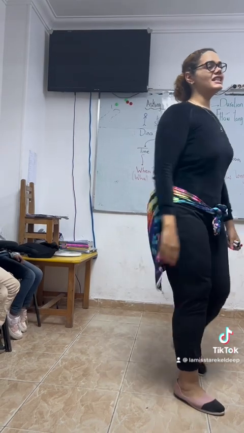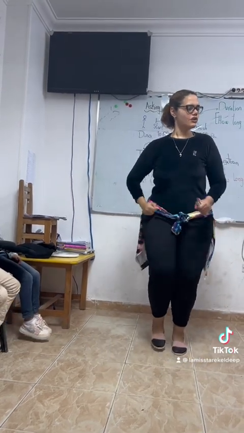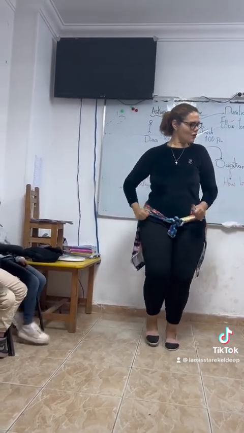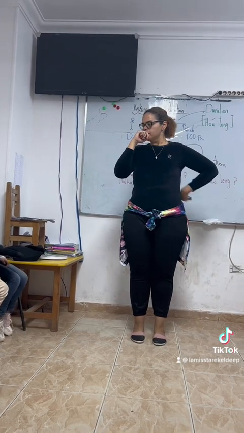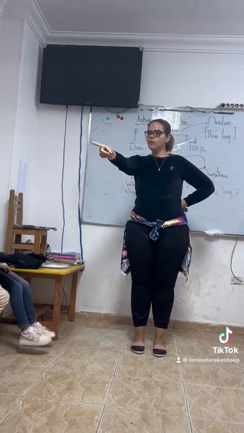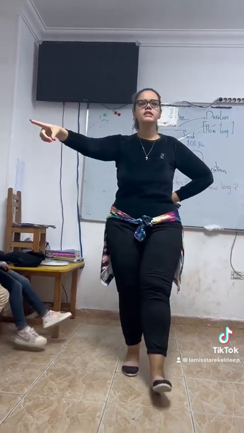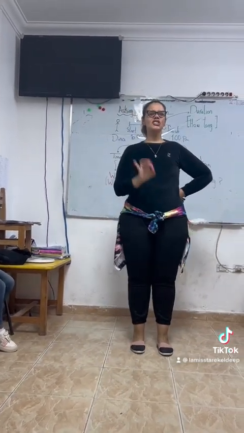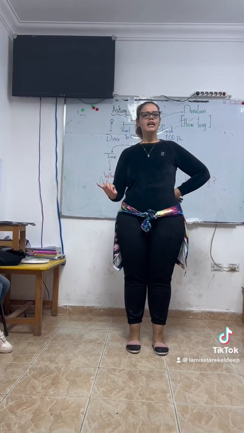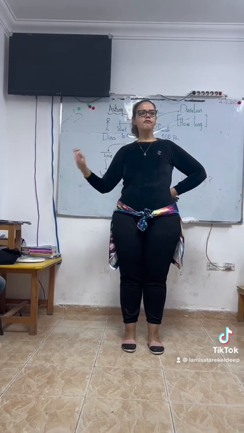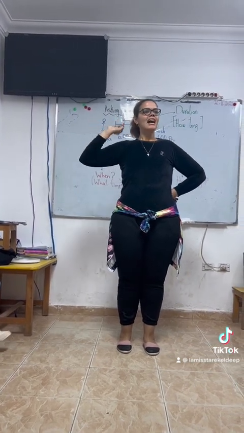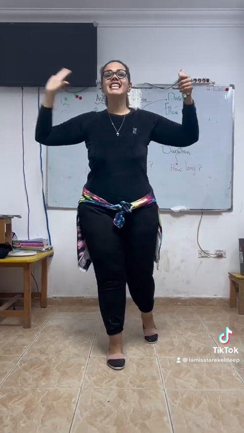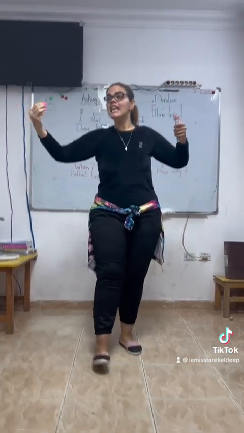And also, if I said I always go running, to ask about always, we use how often. Now I'm going to say, I teach English for 6 hours every day.